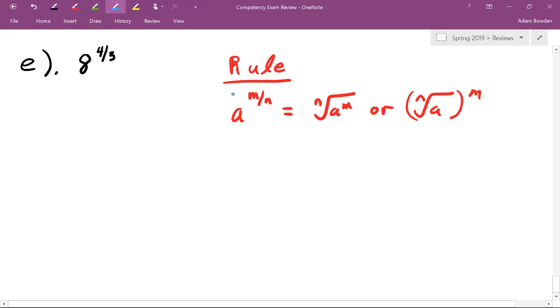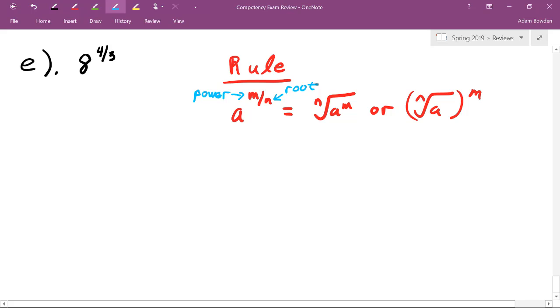Ultimately, what you have to know really is that the number on top here in the power, the numerator, is the exponent or the power that it's being raised to, and the denominator is the root that is being taken.